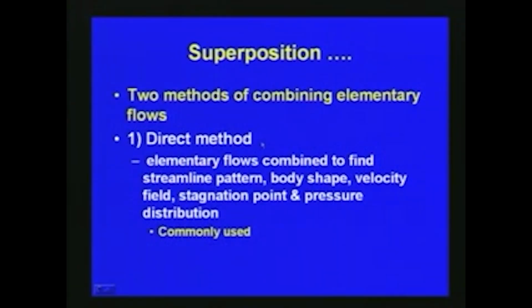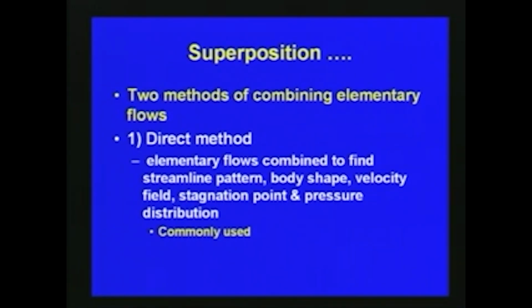As far as superposition of elementary potential flows is concerned, there are two methods. The first one is called the direct method. In the direct method, the elementary flows are combined to find the streamline pattern, the body shape, the velocity field, stagnation point and pressure distribution.